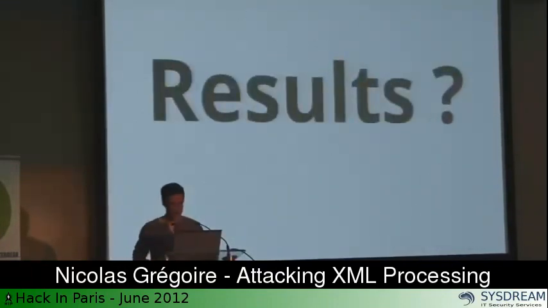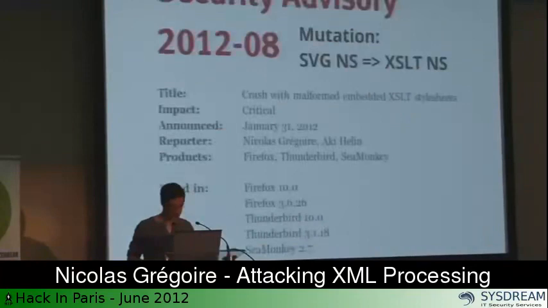Like any fuzzing session, the only question is, do you get results? Yes. My problem is that a lot of patches are pending, and so I can't give a lot of details. But this one is public. The mutation was really easy.